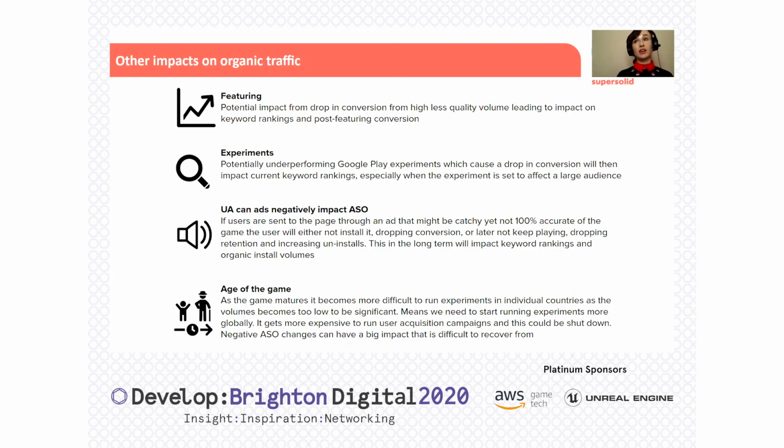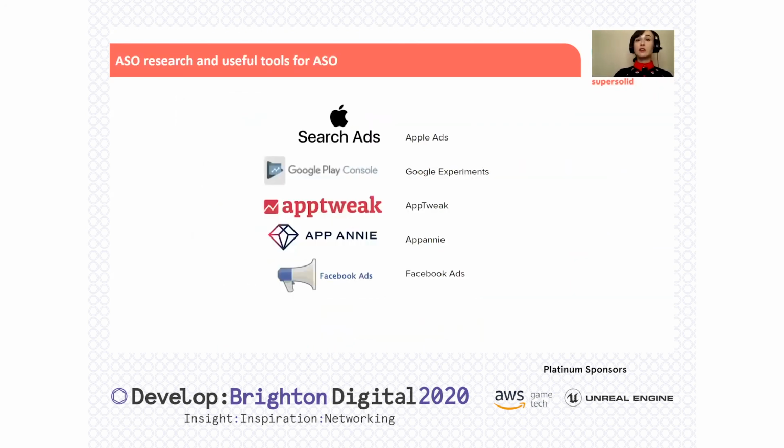And it will also get more expensive to run user acquisition campaigns. Additionally, negative ASO changes can have a big impact that will be difficult to recover from as the app gets less installed.